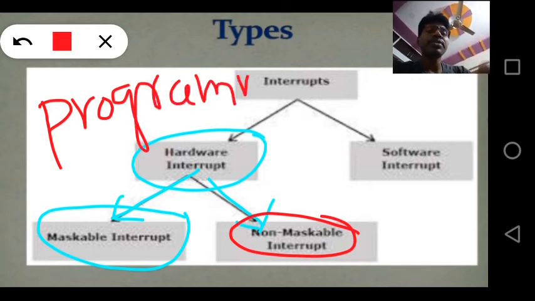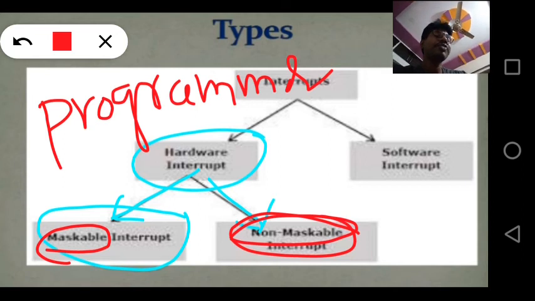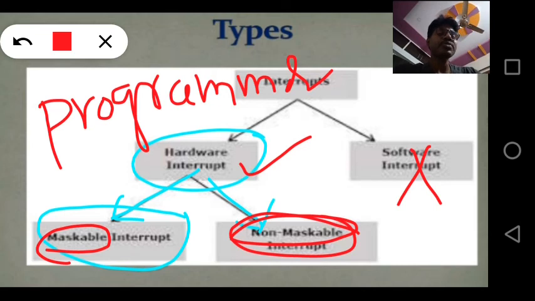The programmer can mask an interrupt or unmask an interrupt, that is a hardware interrupt. He cannot mask or unmask a software interrupt. He can mask and unmask only hardware interrupts. So how can you do that?